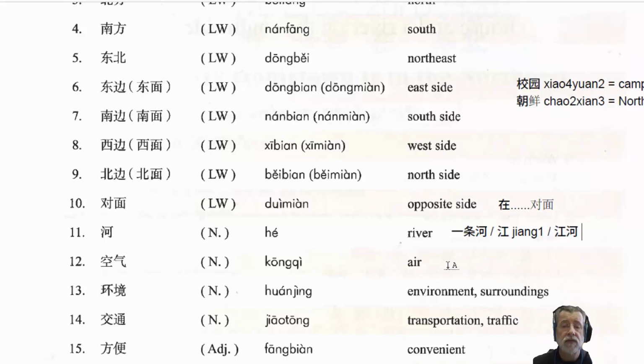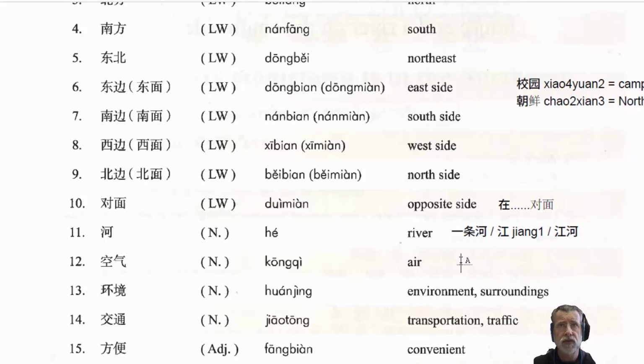Moving on, we come to air. 空气. 空 means sky, qi means gas. So I guess you can see possibly where that meaning comes from, 空气. I think we've previously learned the word fresh.